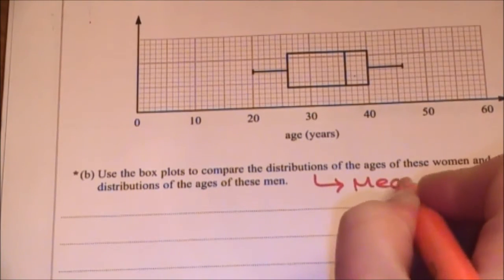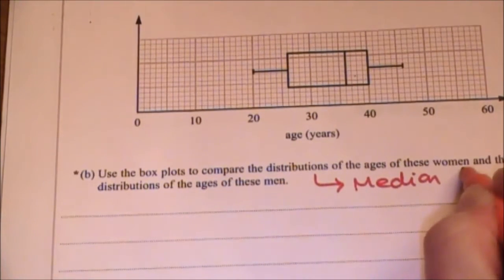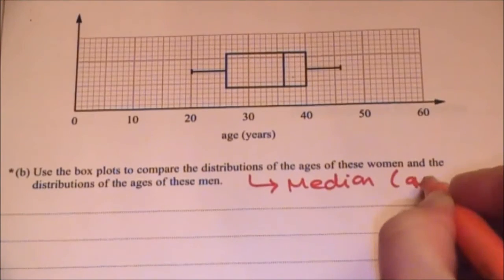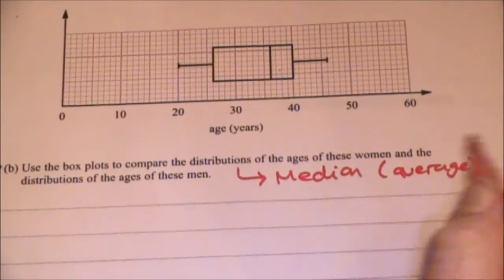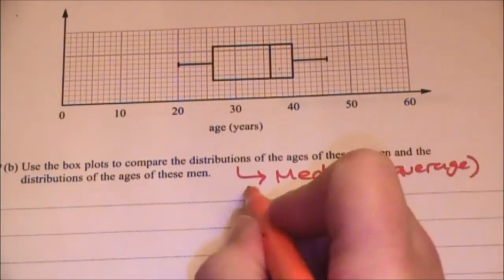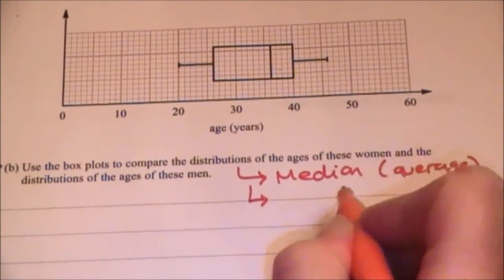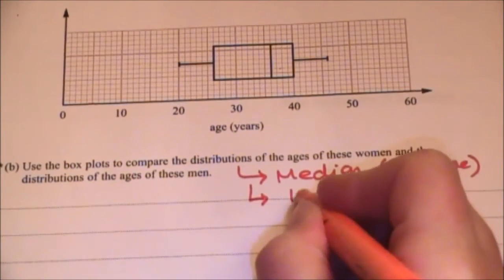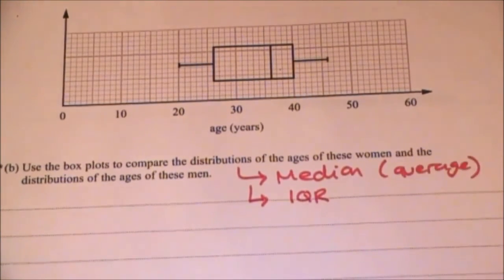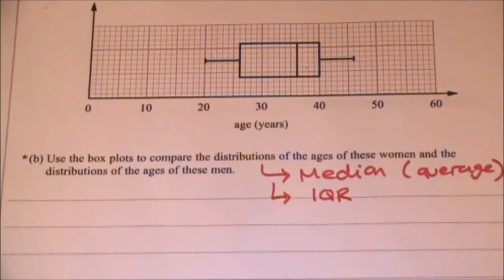You need to first of all think of the median, or whatever average you're using, it will be the median in the box plot. And you also need to compare some kind of a range or the spread, and for that the best one to use is going to be the interquartile range.